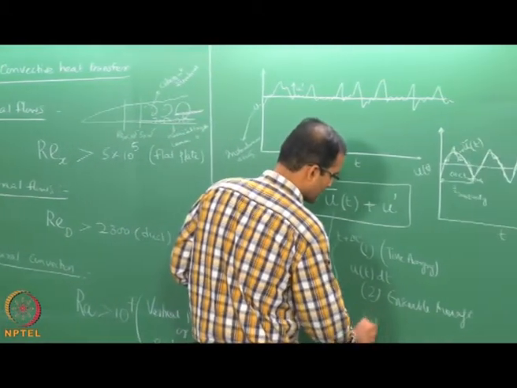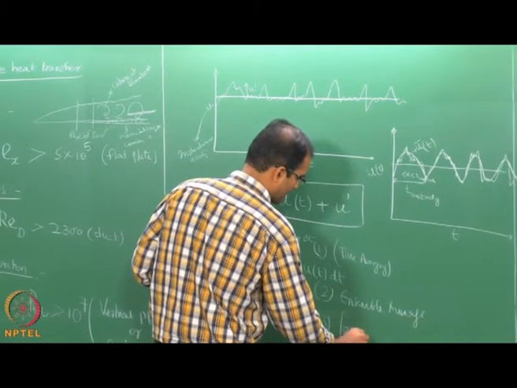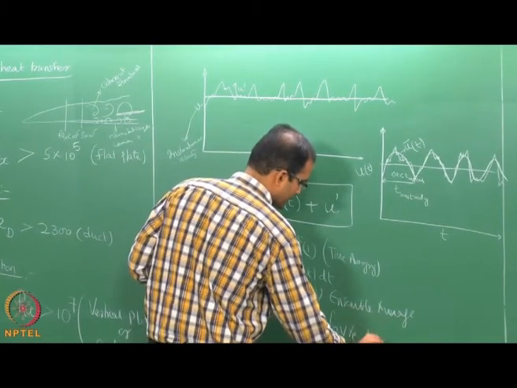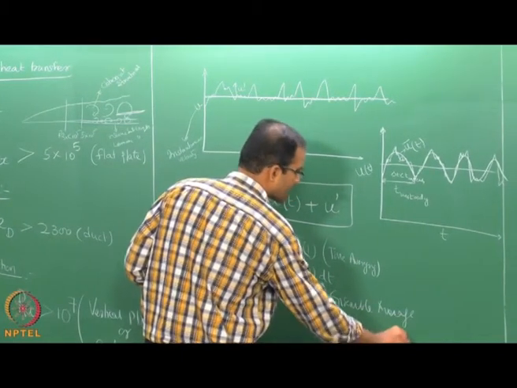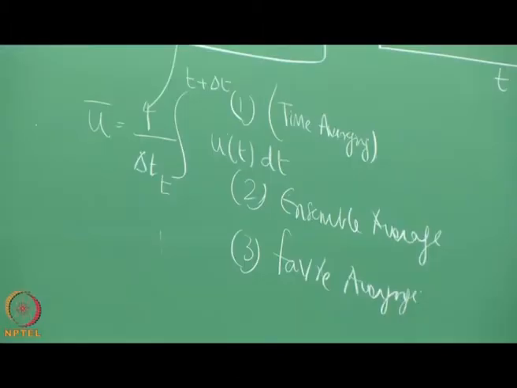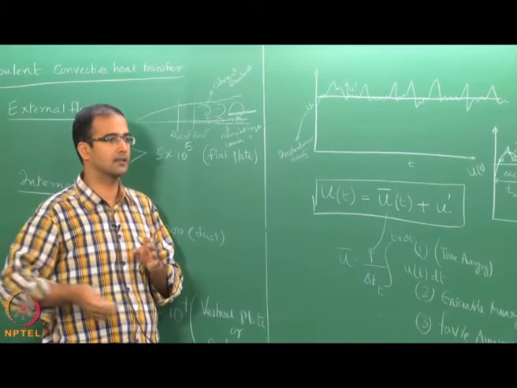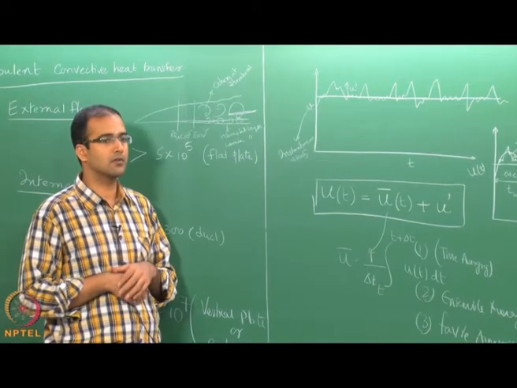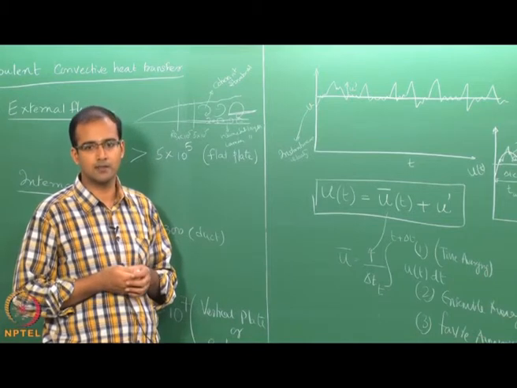For compressible flows, we do what is called Favre averaging. That means we also have to account for the variation of density with time, and also the fluctuation of density. Whereas in incompressible flow, we assume the density is constant.